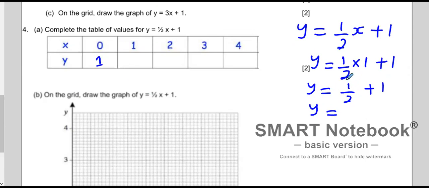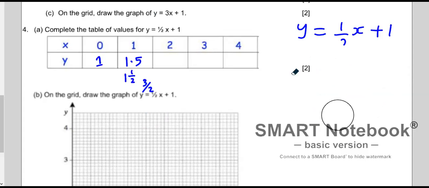Half means 0.5. When you add 1, the answer will be 1.5. So here you can write 1.5, or you can write 1 1/2, or you can write 3/2. Same thing, okay? All right, so you write 1.5, then you keep going.